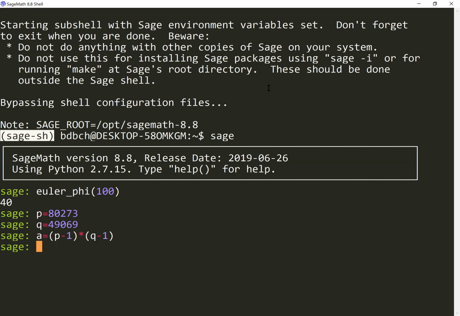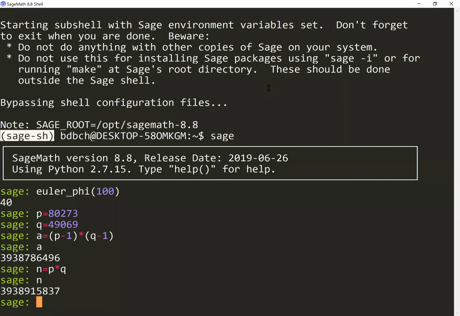This A is private information, this A is the private key. So what is N? N is P times Q. This N is public.